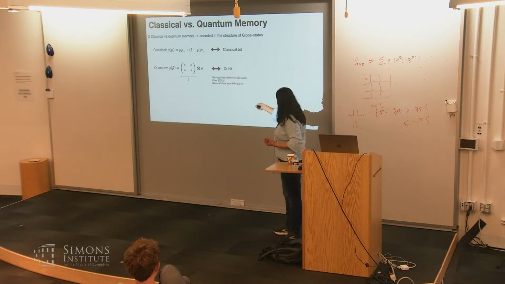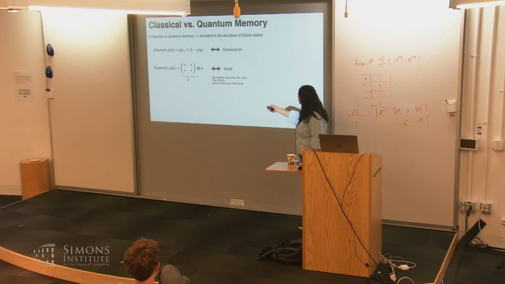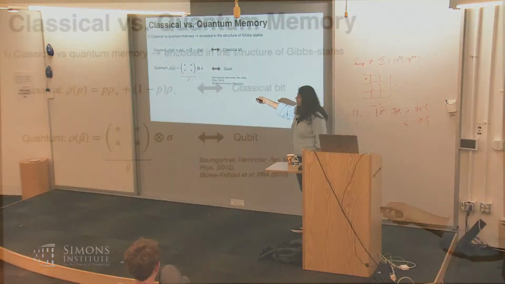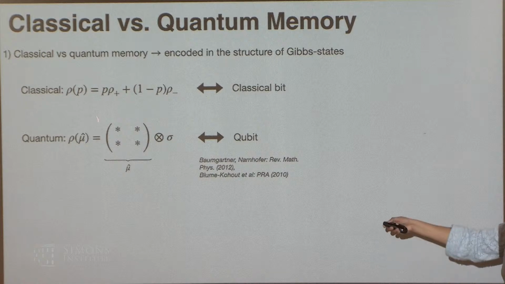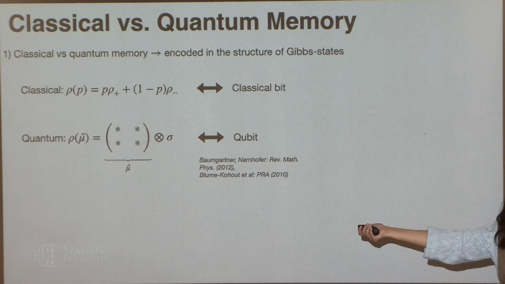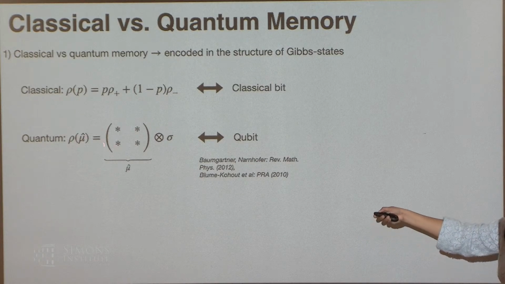So this is in these math papers from a while ago. And the point is, if you have a quantum memory mu, then if this is your encoded qubit, you have a density matrix which you can think of as your logical qubit, and that's tensored with some sigma, which you can think of roughly as the syndromes. Now you can put your system in different logical states, for instance logical up or logical plus, and that will change the steady state.